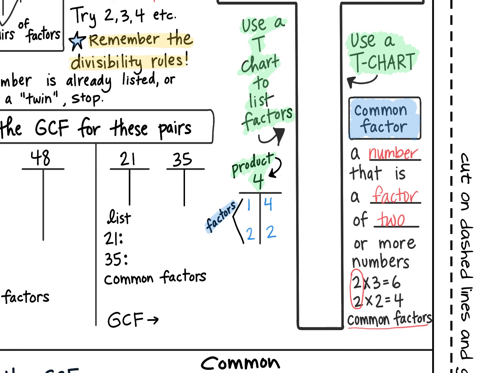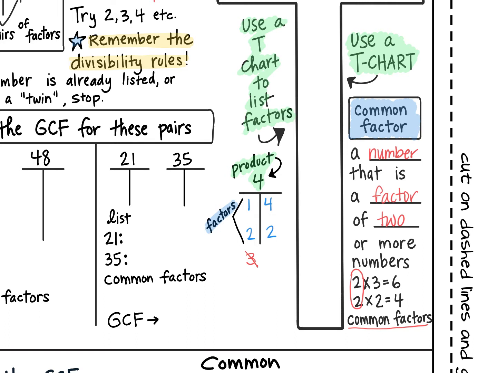Something that is talked about is the fact that if you continue to look for factors, you should technically go up to 4. You should continue to go through it, like 1 and 4, then 2 and 2, and then you would try 3. 3 does not work, right? Because 3 doesn't go into 4.